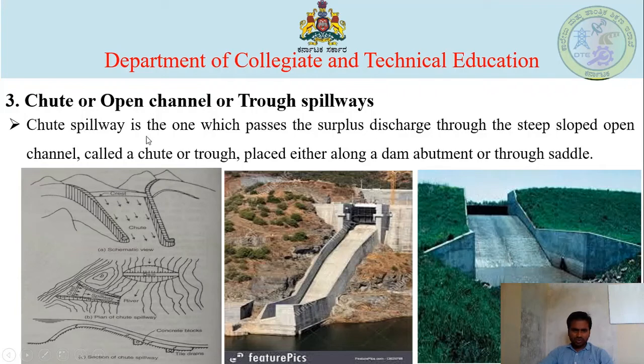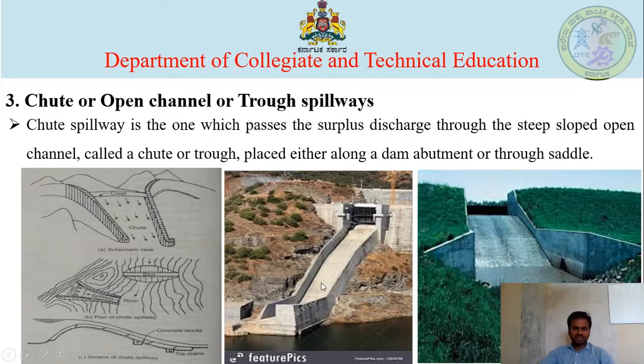This chute spillway crest is kept normal to the center line of the dam. It consists of a discharge channel to the river in an excavated trench, which is usually paved with concrete in whole or in part. The crest of the spillway is usually of significant height or actually flat, as shown in the figure.